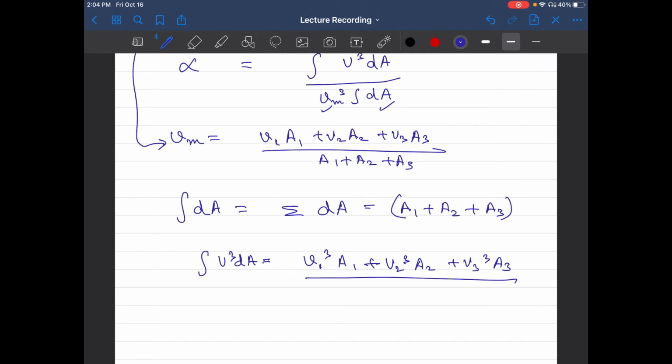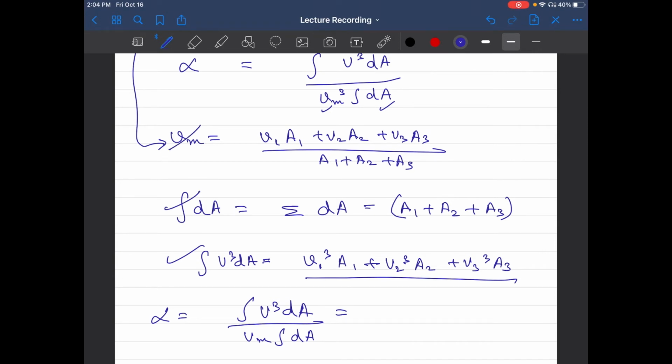In the denominator we have the Vm term, so this we will treat separately as alpha, but this becomes our V cube dA. And if we have to look at alpha, we can write it as the integral of V cube dA divided by Vm cube and the integral of dA. You already know the values of the integral of V cube dA, the integral of dA, and the value of Vm here.